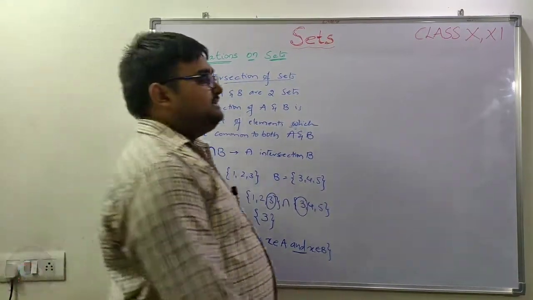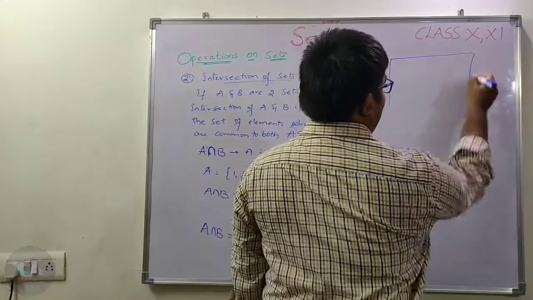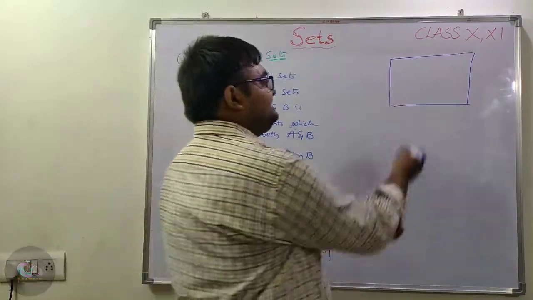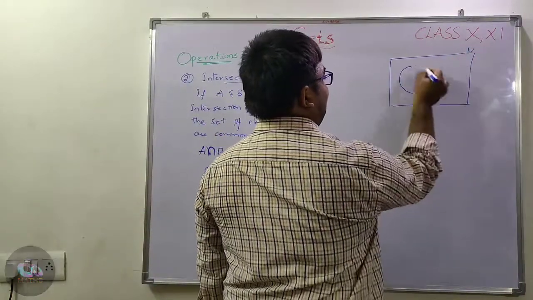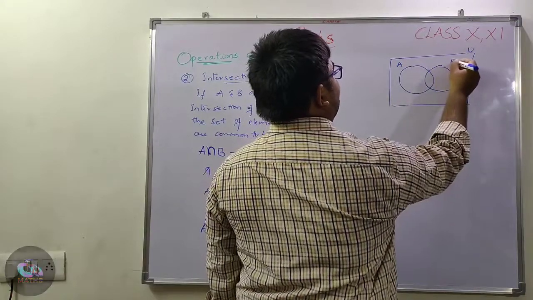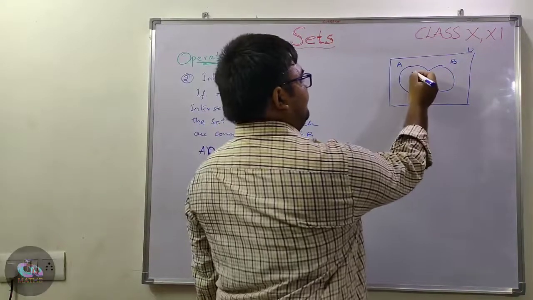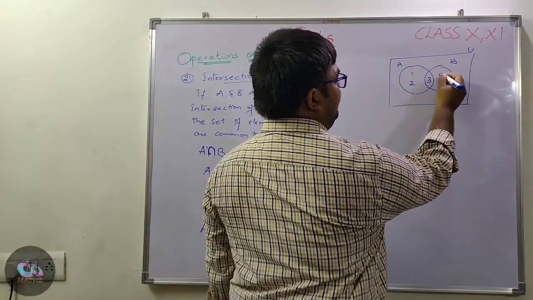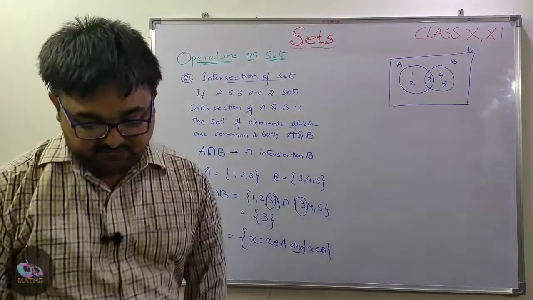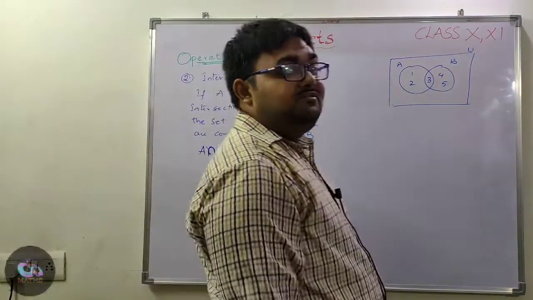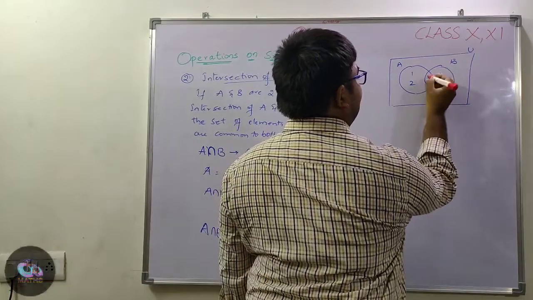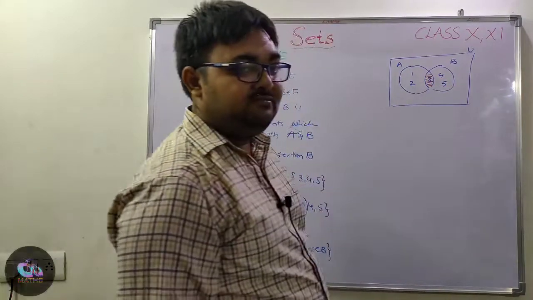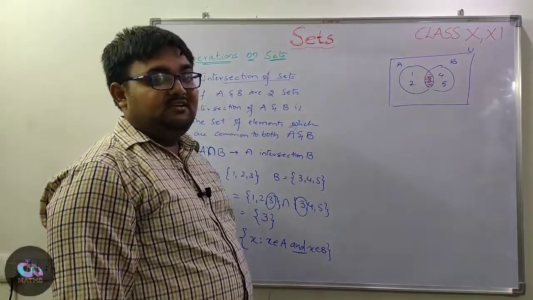Now let us discuss the Venn diagram of this intersection. If you take the example, this is the universal set, this is set A and this is set B, and based on those we fill in the values: 1, 2, 3, and this is 4 and this is 5. If you want to take the intersection, it is nothing but the common part. The overlapping part is called the intersection part.